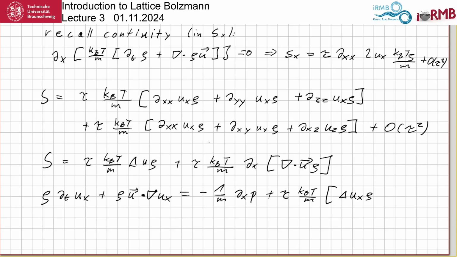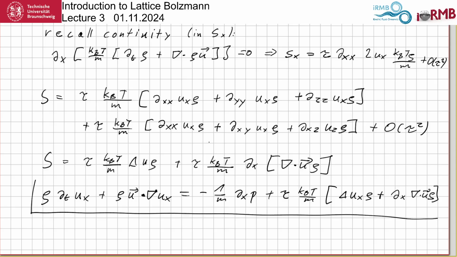If we made the calculation more stringent, we could identify that we can plug rho in front of this, but we have not, so this is why I'm keeping it here. Plus dx, the divergence of u, which will vanish in the case of incompressibility. And this, if you studied anything like fluid dynamics in your life, you will identify as the Navier-Stokes equation.